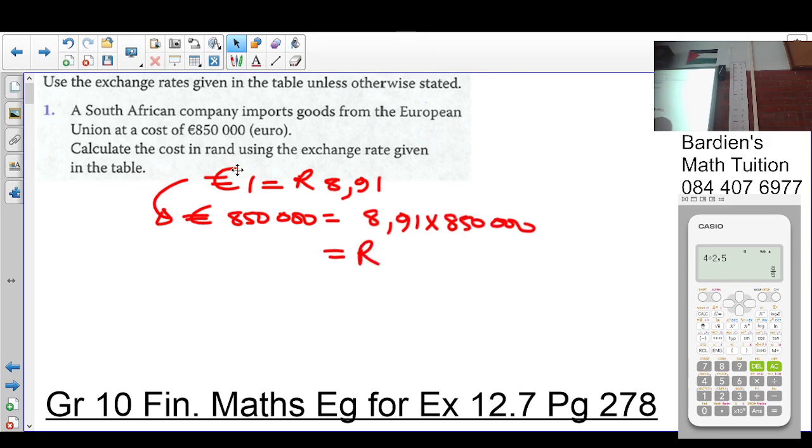So in other words, 850,000 multiplied by 8,91. You get 7 million 573,500.